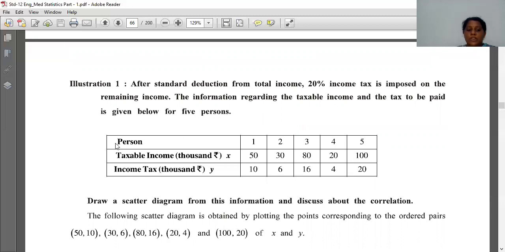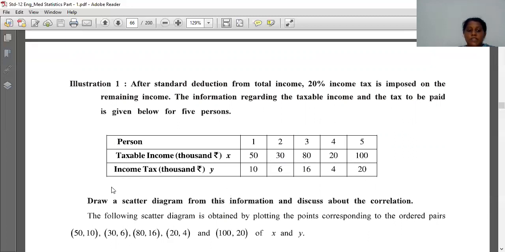So, first column is person, second column is taxable income, that is in 1000 rupees, that is called X. Second column is of Y, that is income tax, that is in 1000 rupees, right? So person 1, 2, 3, 4 and 5, income is given 50, 30, 80, 20 and 100. Then income tax is given 10, 6, 16, 4 and 20. So this is our question.